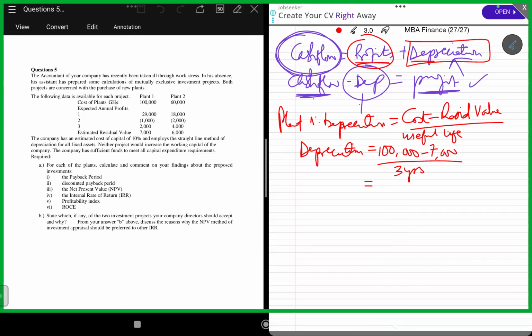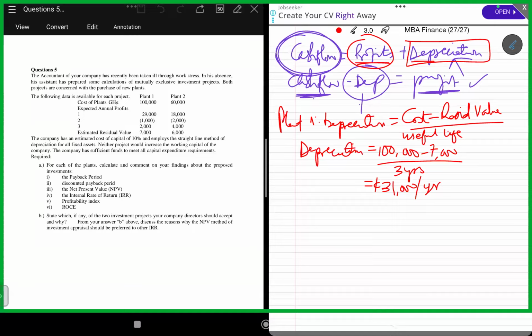Complete on your calculator. $31,000. So it is 31,000 cedis per year.